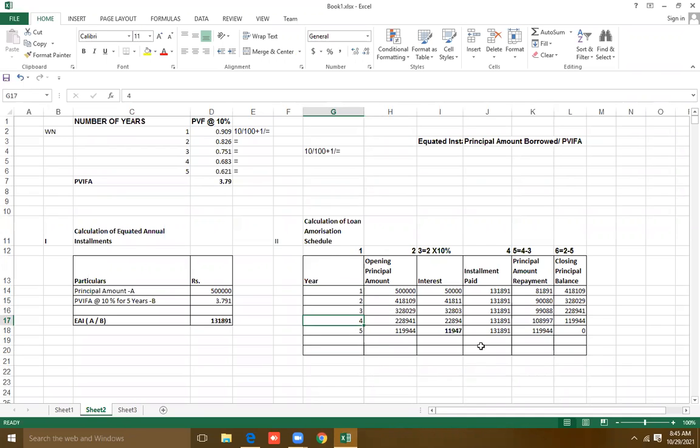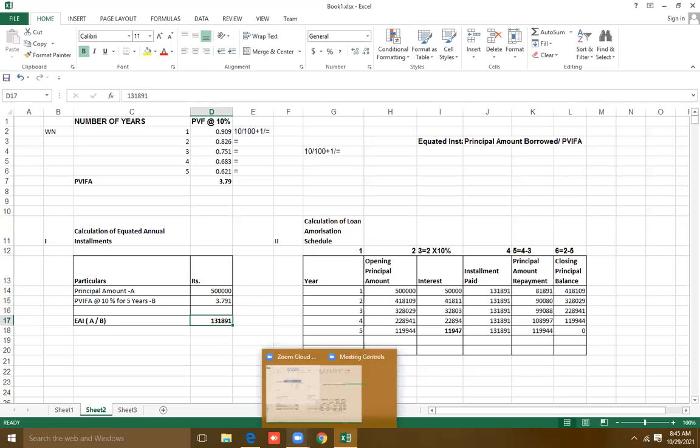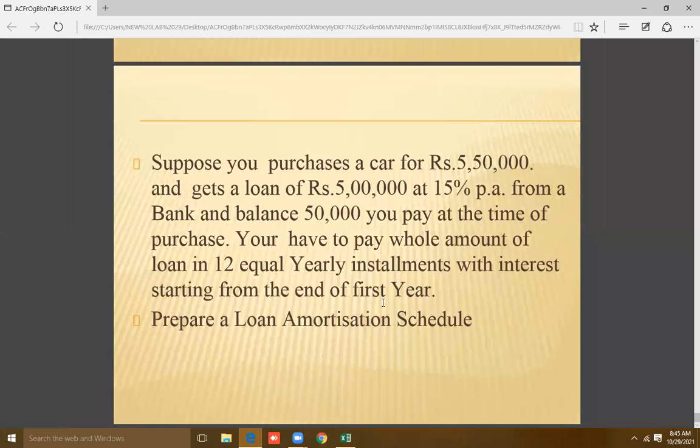Make a table for 12 years, calculate PVIFA for 12 years, divide the principal amount by PVIFA, and you will get the installment. Steps will remain the same, only the number of years and amount will change. Understood how to calculate a loan amortization schedule, everybody?